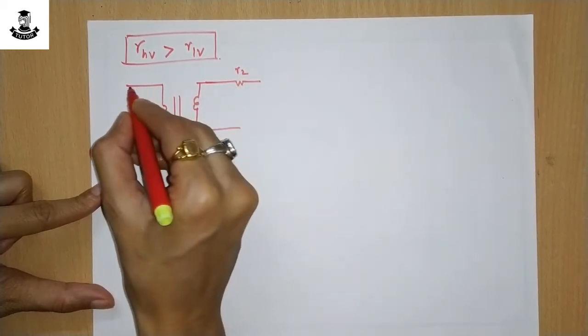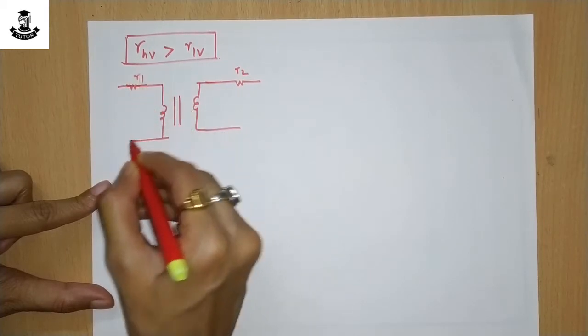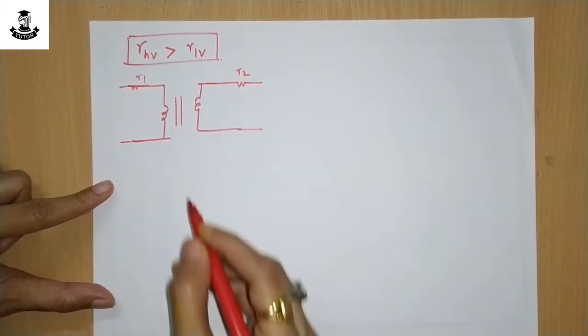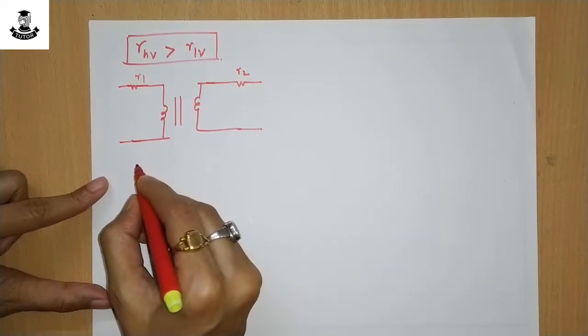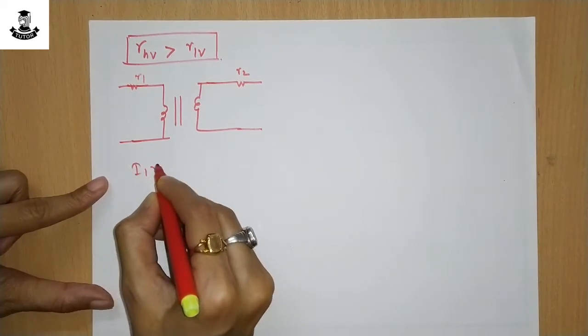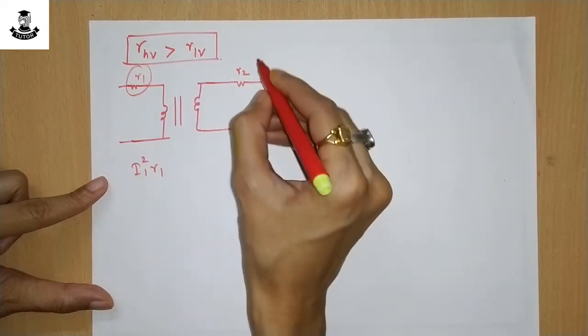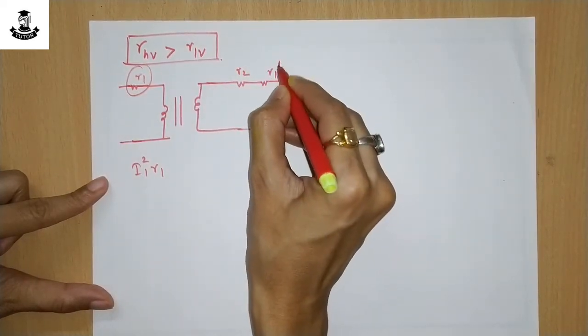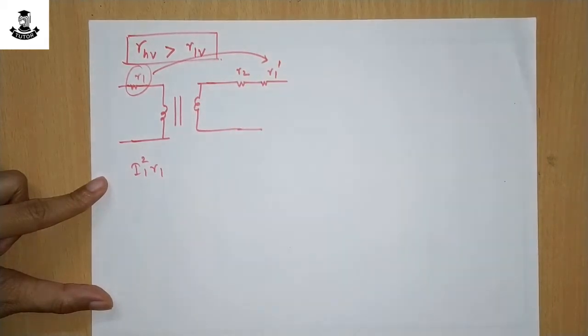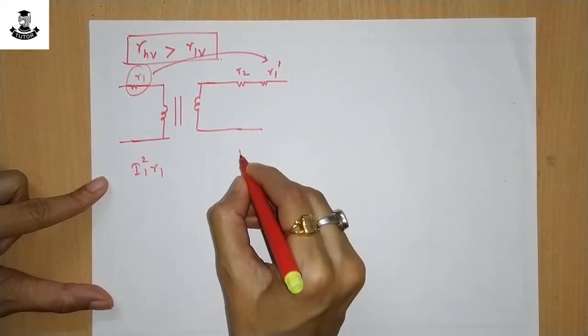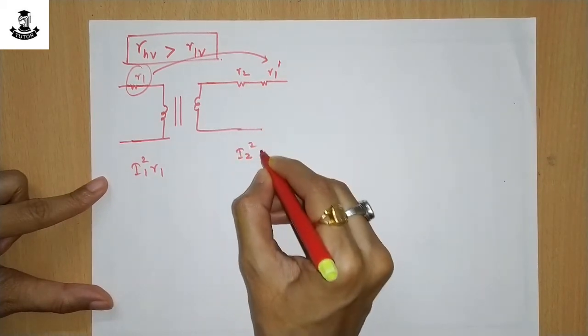R2 and this is R1. Now primary copper loss. What is primary copper loss? I1 square R1. And if we refer this resistance on this side, R1 dash, therefore primary copper loss referred to secondary, what will be there? I2 square R1 dash.